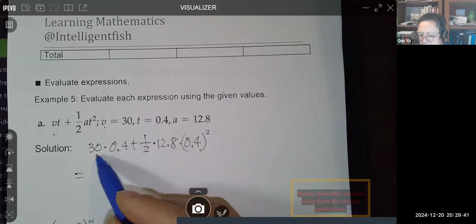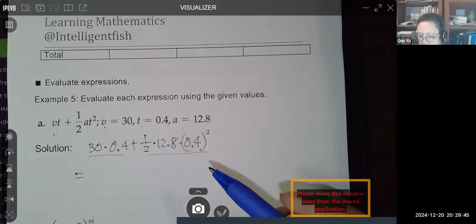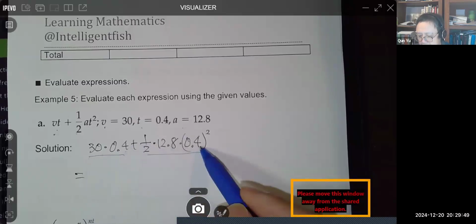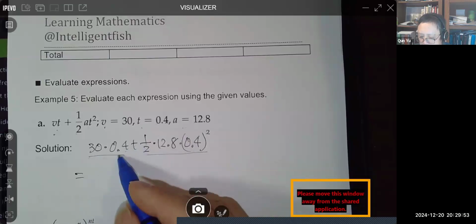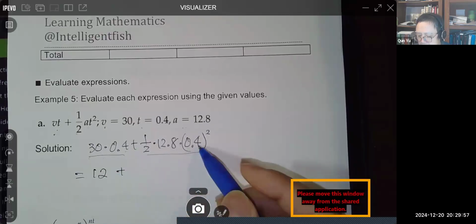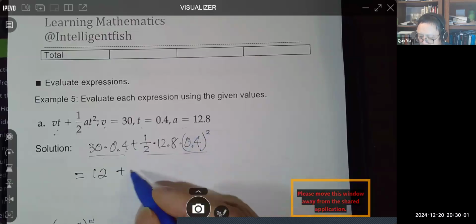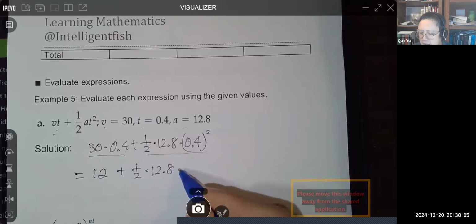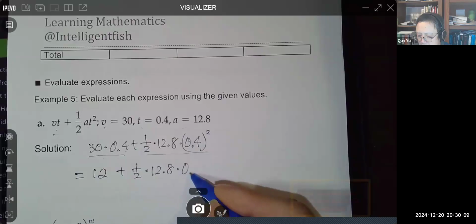Since this multiplication and all of this stuff have higher priority than addition, we can do either side of addition first. So 30 times 0.4, that's 12. And we do this part, but this part, we have to do the square first. So half, let's do one more step, times 12.8. 0.4 times itself is 0.16.